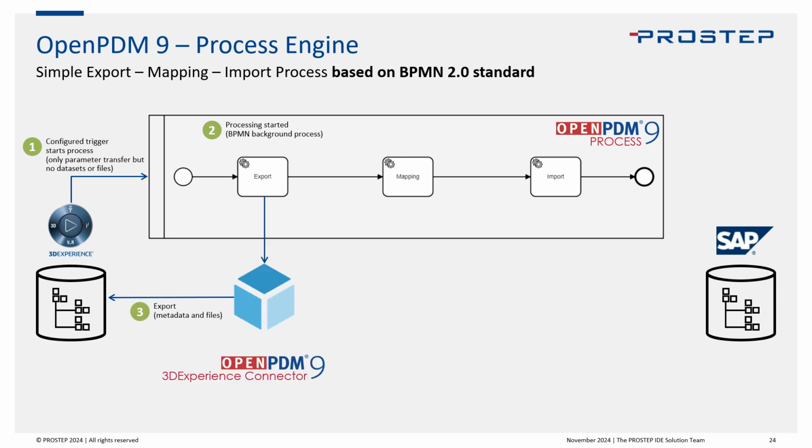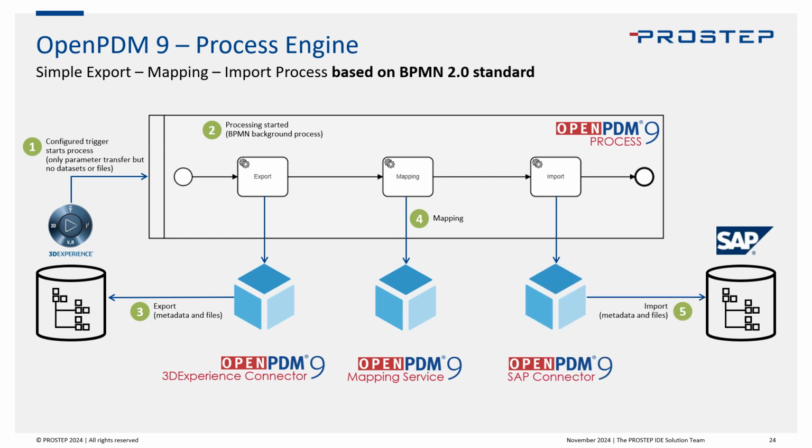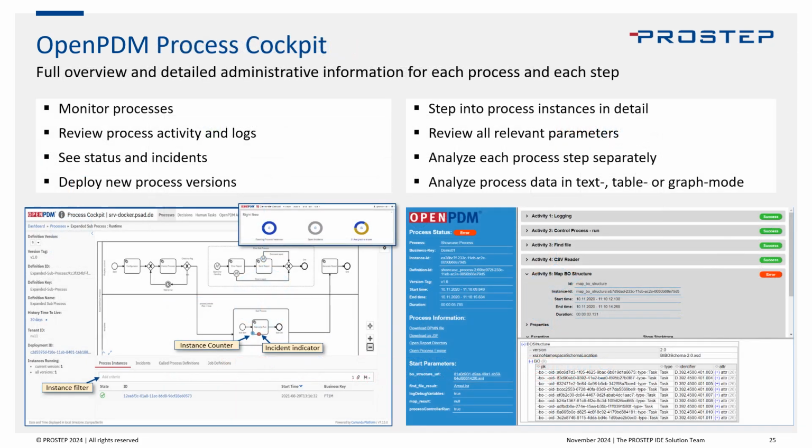Maybe it looks at the change action and then all the problem and solution relationships to understand what needs to be exported, then maps the data to an SAP type of format, and then imports the data. So once it's mapped to materials or other things, routings, whatever might be required there, then you can import that data into the SAP environment, and finally it's made available there.